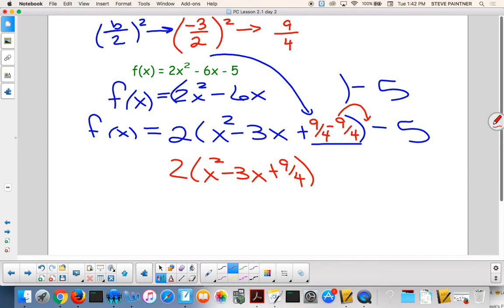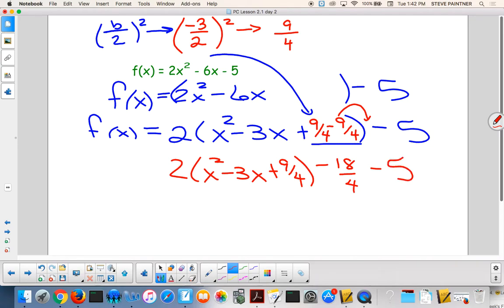When you stuck in that 9/4, you stuck in a 9/4, but what was out in front? A 2, so you didn't really add 9/4, you added 9/4 times 2. So you can't just kick out -9/4. You got to kick out 18/4, and you already have a 5 out here.